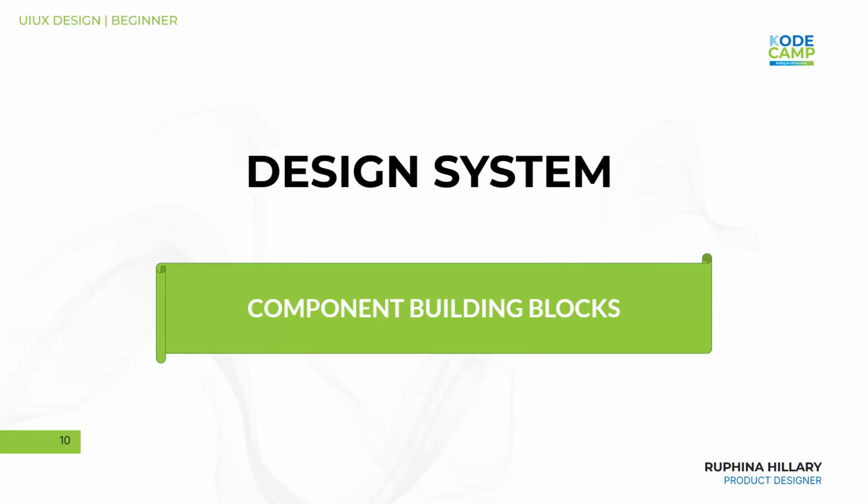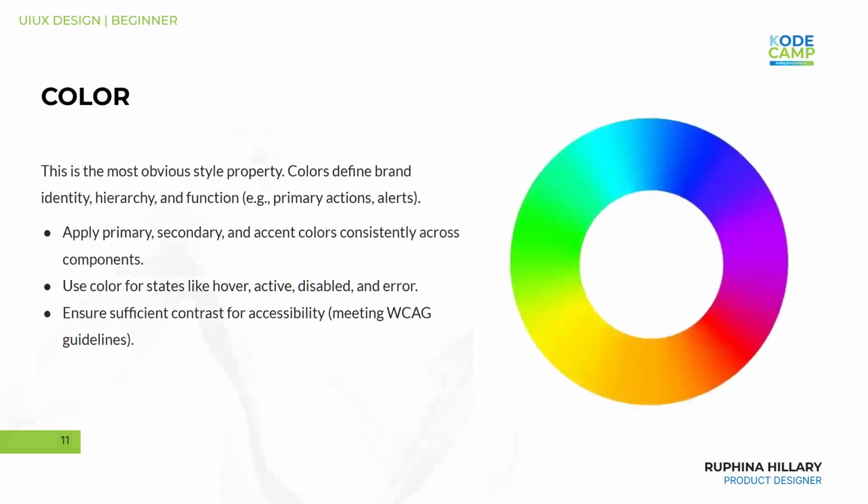Now let's get into it properly. We've understood the concept, we've understood how this thing works. So what are the building blocks? I've actually mentioned all this, but like I've said, color. You have the primary, your secondary, your accent colors. You have colors for states like hover, for active, for disabled, and for error. So a tip is to ensure sufficient contrast for accessibility.